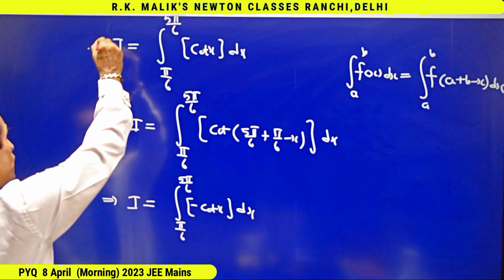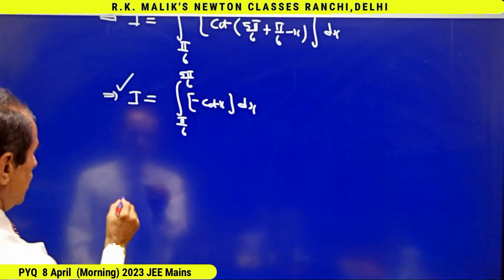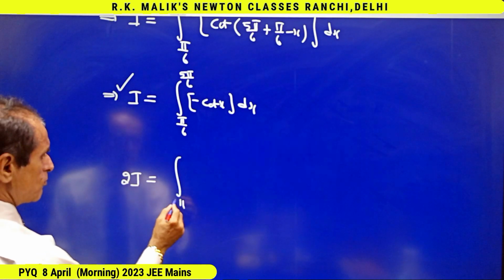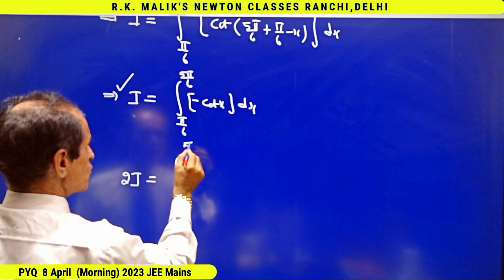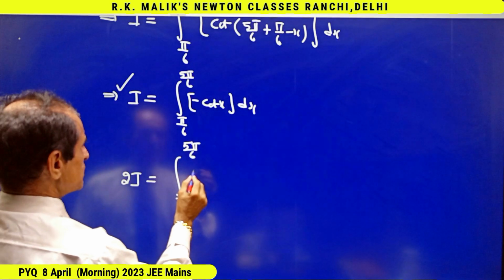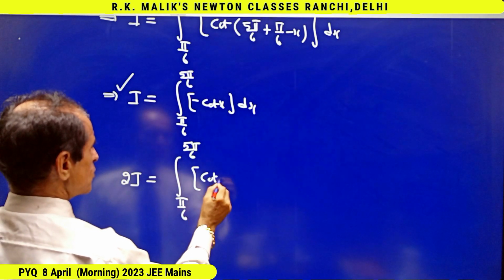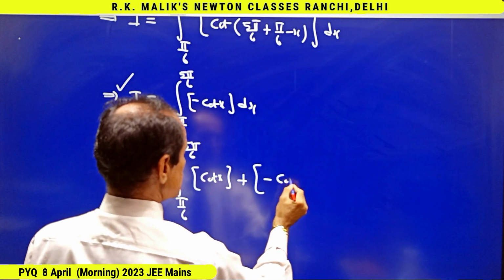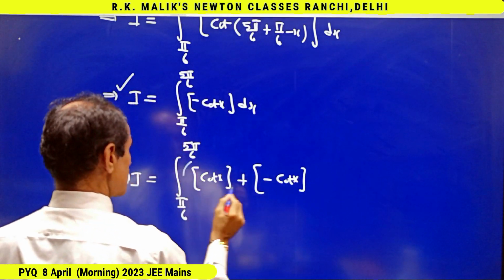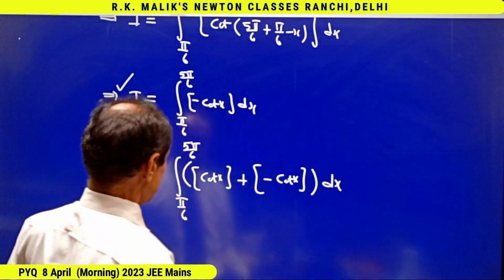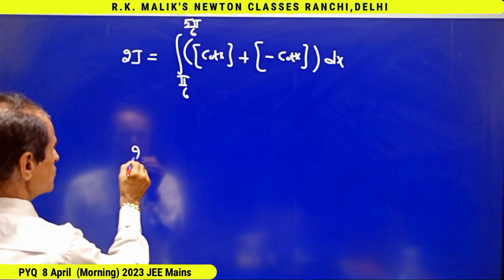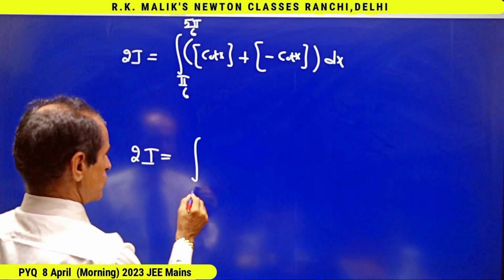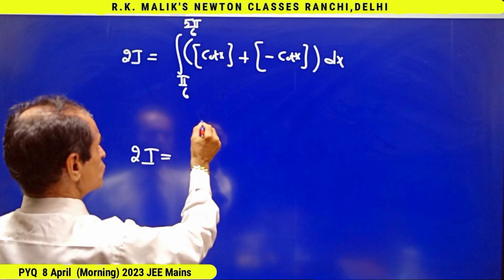And now if I add these two, I'll be getting 2I is equal to the integral from pi by 6 to 5 pi by 6 of box cot x plus box of minus cot x dx.